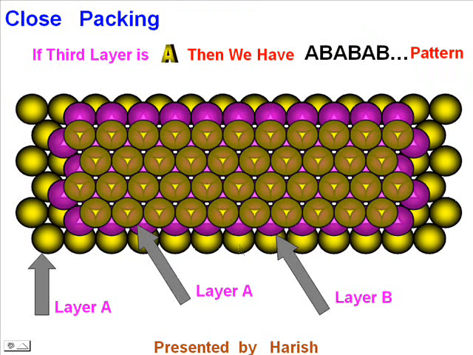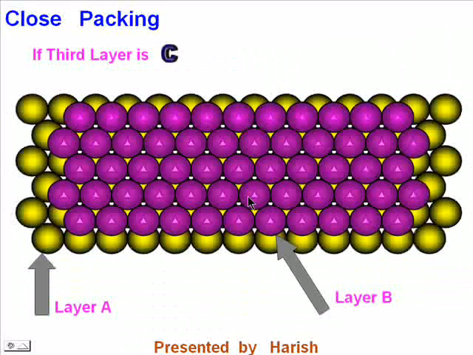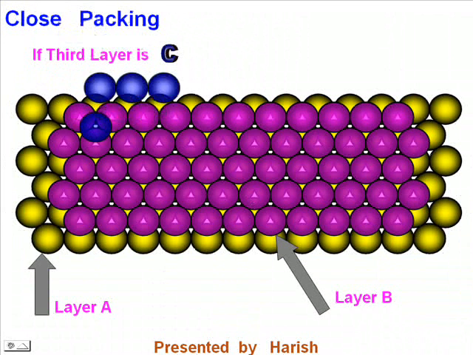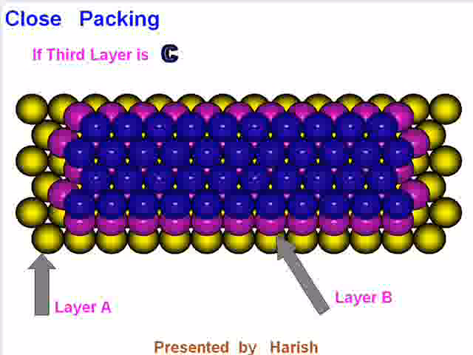If instead of choosing a depression over tetrahedral, we choose a depression over octahedral, then let's see what happens. So we have a layer C, the third layer. Look carefully, I am putting it over an octahedral void. So these are all octahedral voids. I can place spheres over all the octahedral voids.